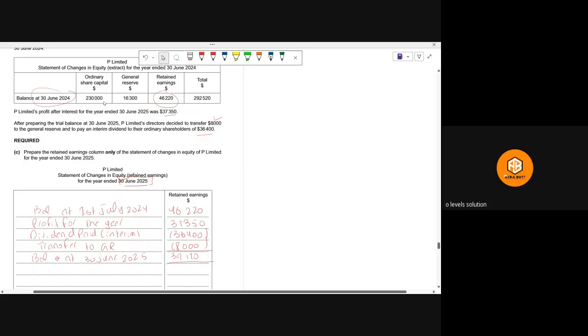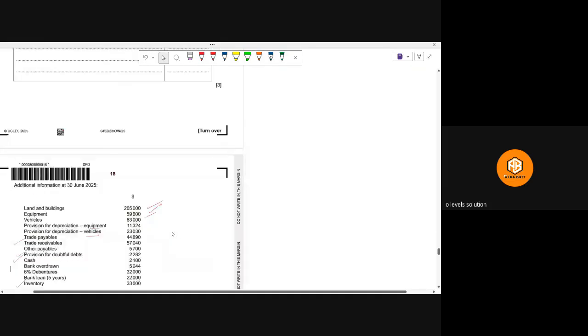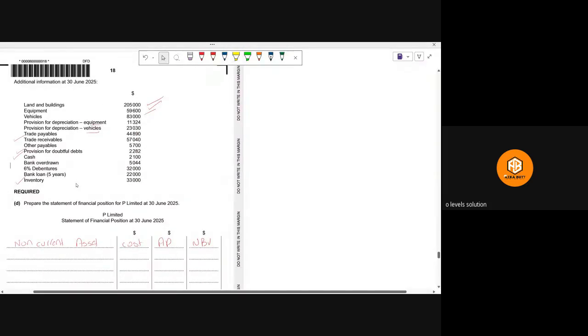Okay, and then how much did we get for the general reserves? This was the previous one, and this is the new one. Yeah, 16,300 plus 8,000. And after that, we will write the retained earnings, which we just found, 39,170. And in the non-current liabilities, we have the 6% debenture loan and bank loan, 32,000.